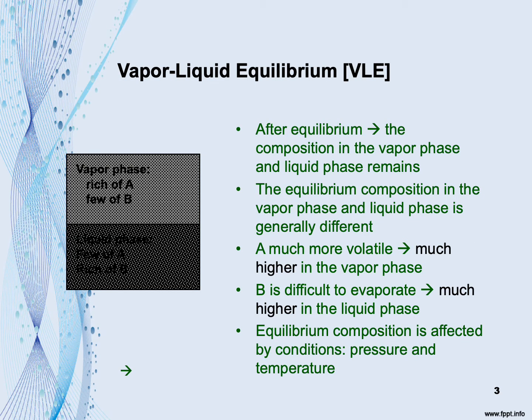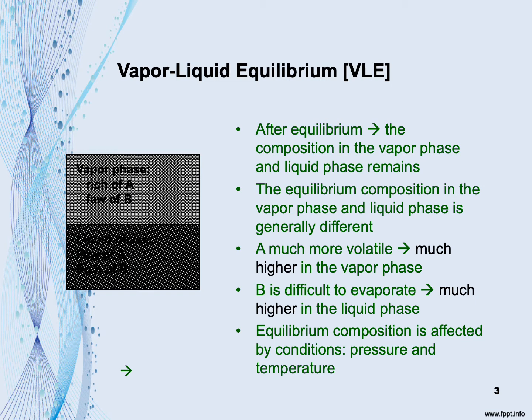So in the vapor liquid equilibrium, after the equilibrium, if we add heat or if we add mass, or in this case heat, it will change the operating condition. The temperature and/or the pressure will be changed, and after the condition is changed, it will have a new equilibrium. After equilibrium, the composition in the vapor phase and in the liquid phase will be different. For example, a much more volatile component would be in the vapor phase.